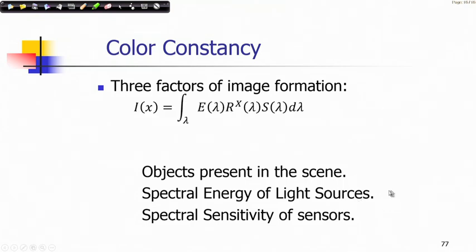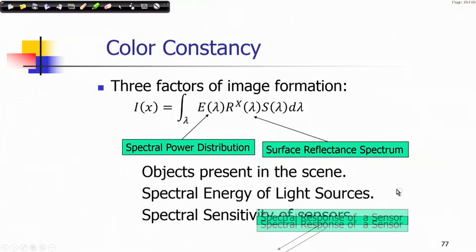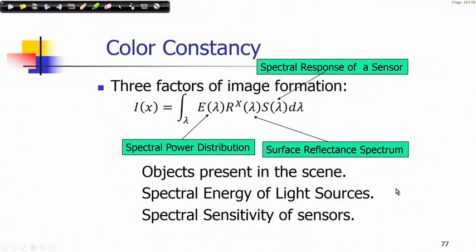We can represent this as you can see: E lambda is representing the spectral power distribution, whereas R lambda x is showing the surface point, object point x, and that is the surface reflectance spectrum, and S lambda is the spectral response of a sensor.